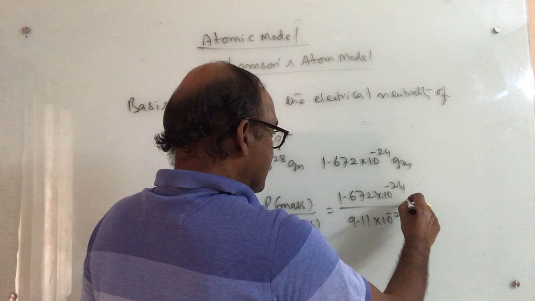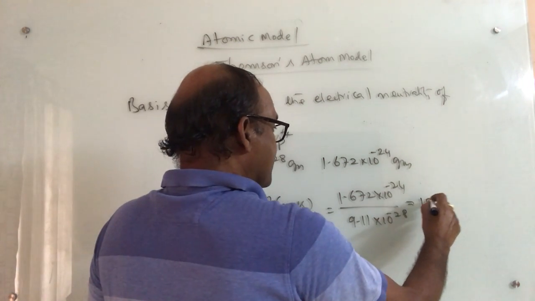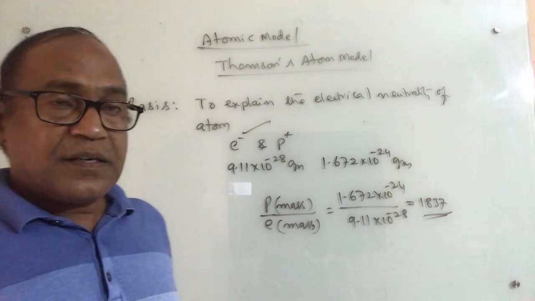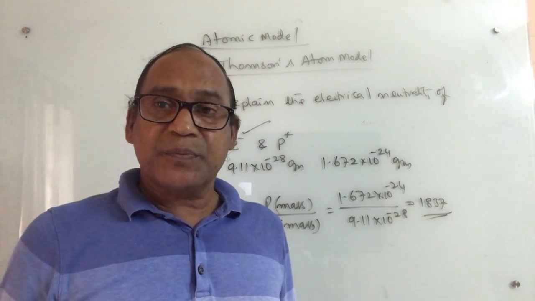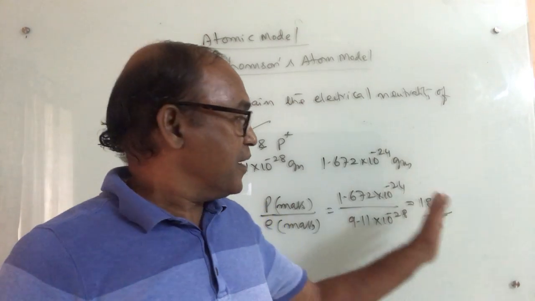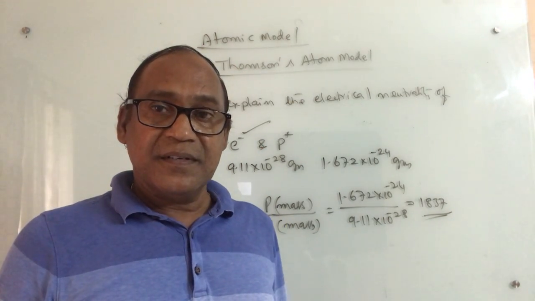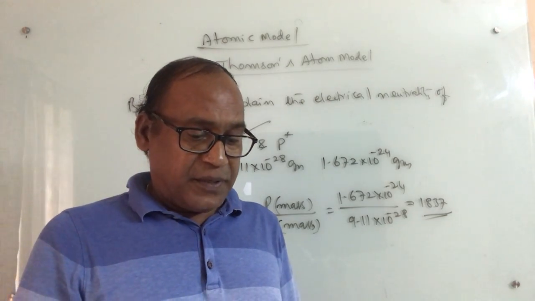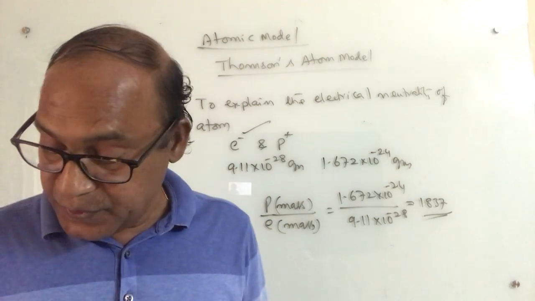We are getting nearly 1837. Compared to the electron mass, the proton mass is quite higher, 1837 times. So the electron is quite minute in nature. Keeping this in view, he proposed this model.